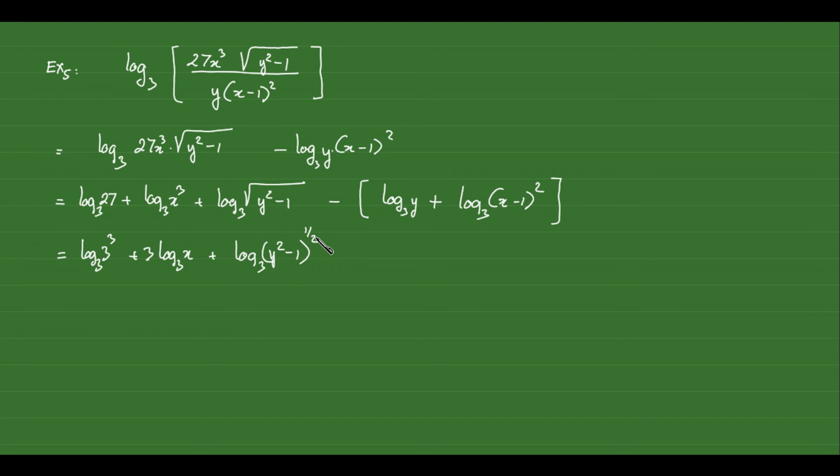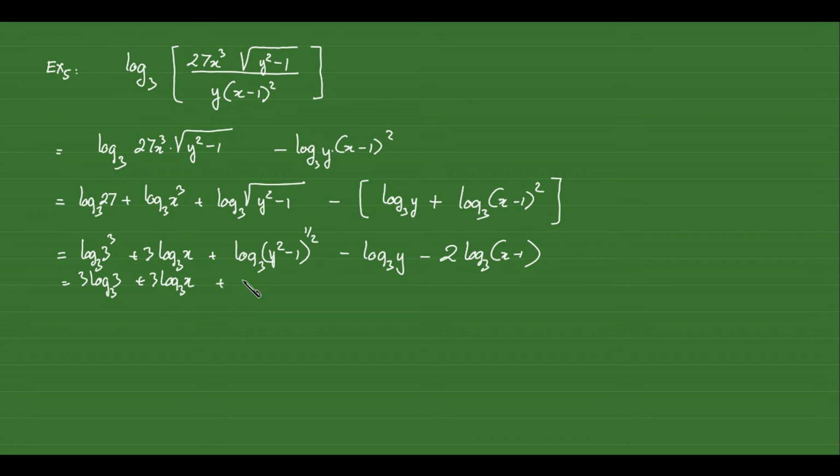Now this one I'm going to go ahead and distribute the minus. I cannot do anything with this because that's it. The minus I can drop down, and the number 2 to the front: minus 2 log base 3 of (x minus 1). Now again I'm going to drop down the number 3 here. You have log base 3 of 3 plus 3 log base 3 of x.